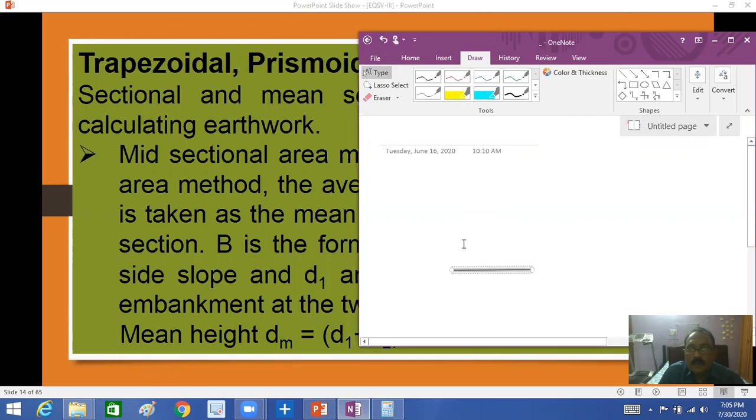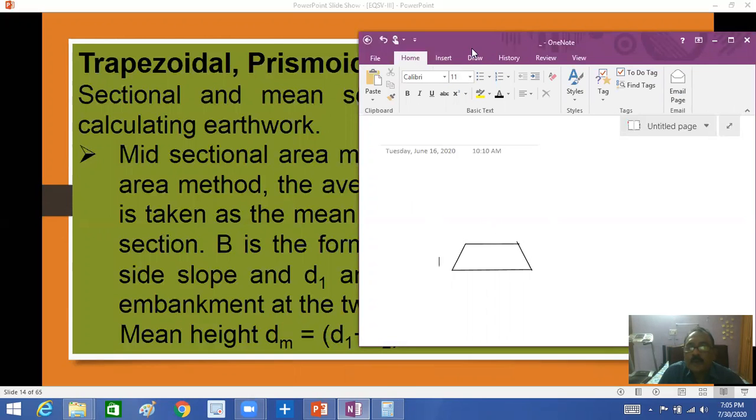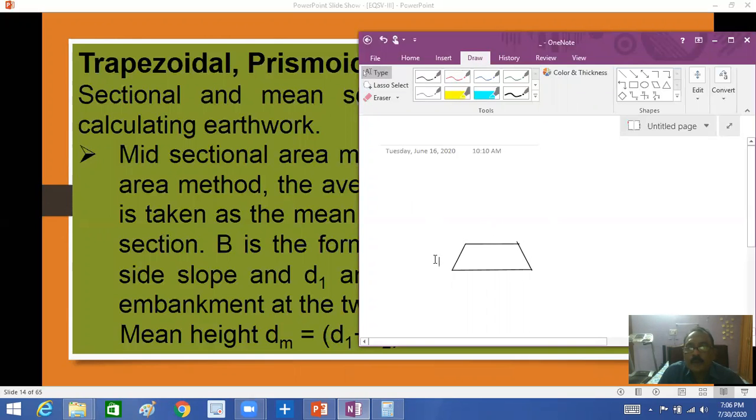Suppose this is a trapezium like this, right? See, this height here is, say, D1.